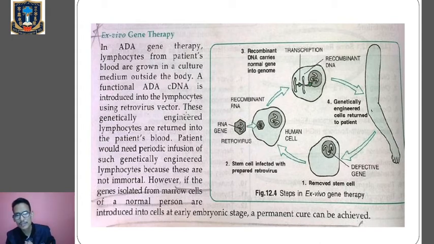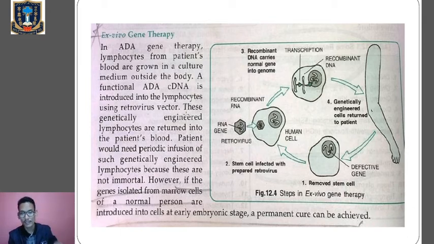So in ADA gene therapy, what we are doing is that the lymphocytes, the WBC from the patient's blood, are grown in a culture outside the body. That means from the patient's body we will take off the lymphocytes and we will culture those lymphocytes, not inside the body of the patient but outside the body.